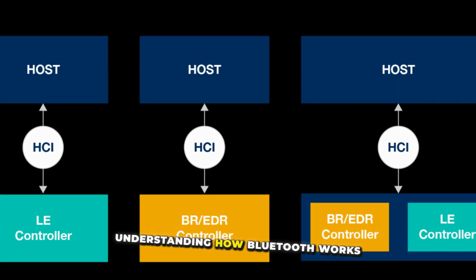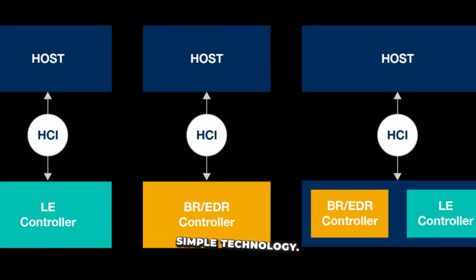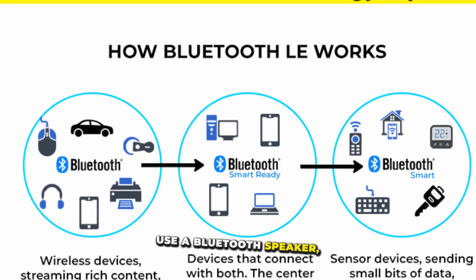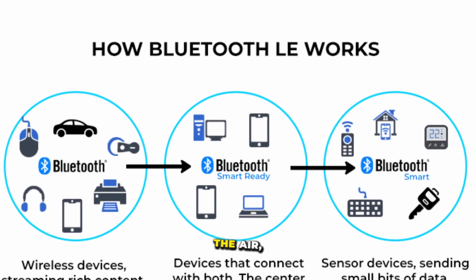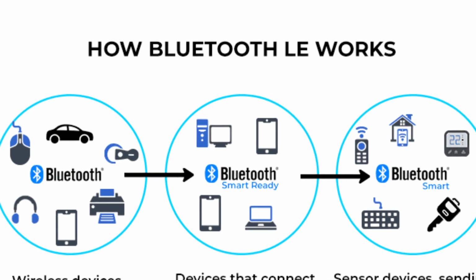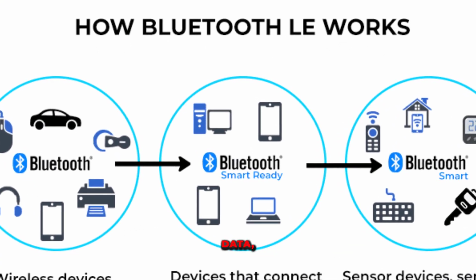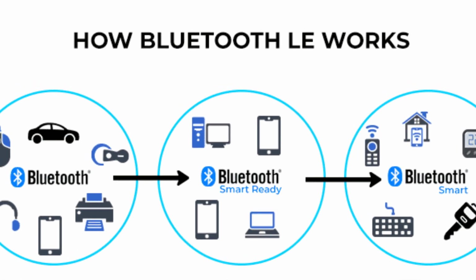Understanding how Bluetooth works helps us appreciate the complexity behind this seemingly simple technology. Every time you connect your wireless headphones or use a Bluetooth speaker, millions of binary digits are being transmitted through the air, hopping between frequencies, being checked for errors, and reassembled into meaningful data, all in real time and with remarkable reliability.